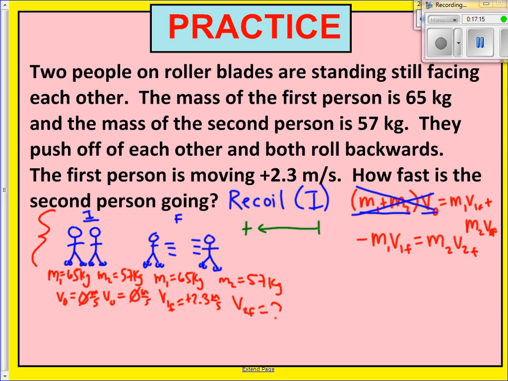Now we just plug in our knowns. Mass of person 1 is 65 kilograms, times their velocity of positive 2.3 meters per second, is equal to the mass of person 2, which is 57 kilograms, times their final velocity.